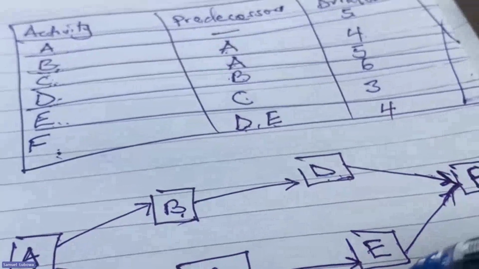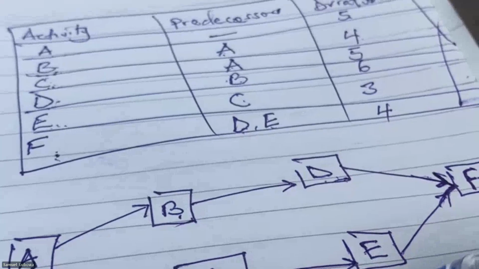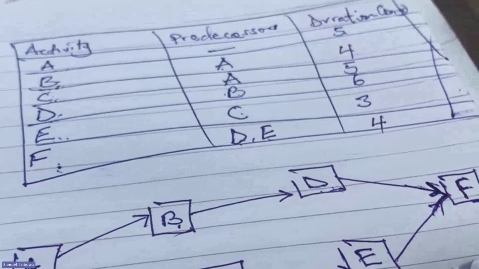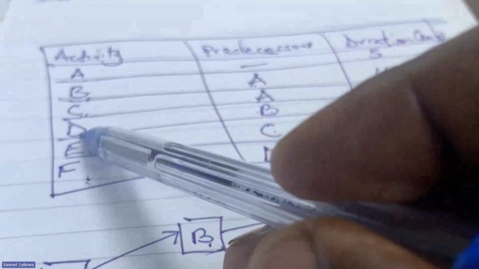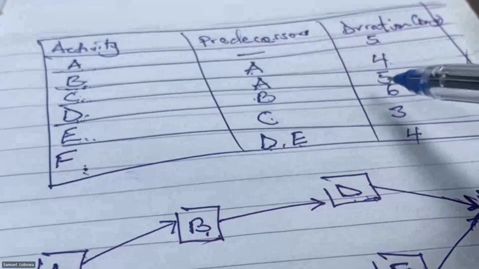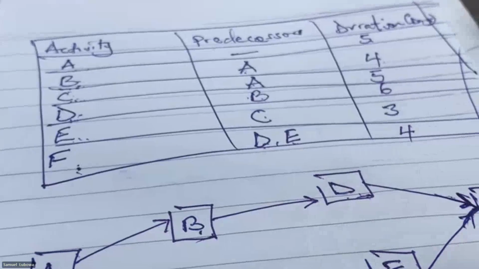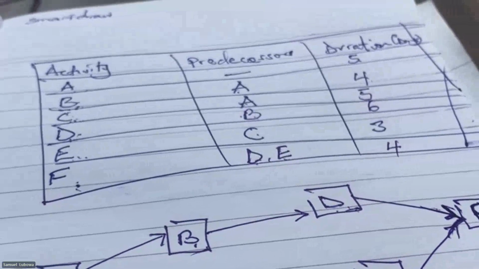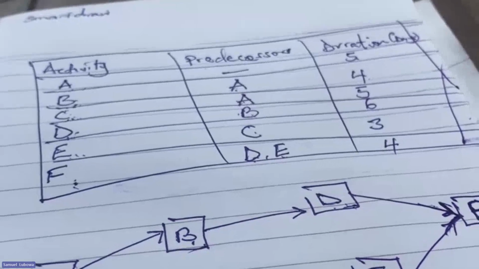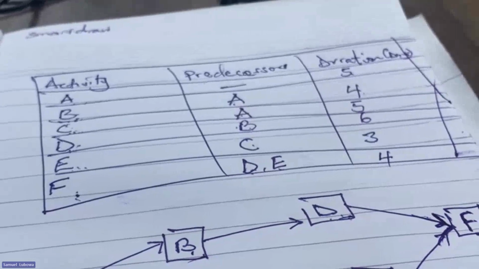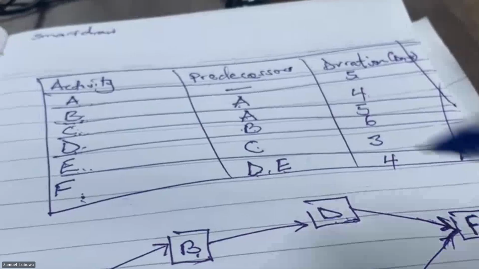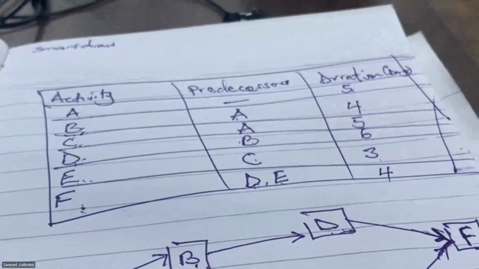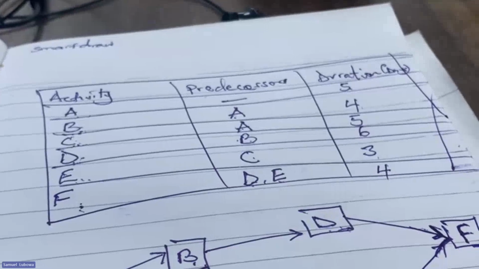Then we have activity D. According to our table, it is going to last for 6 days. Then we also have activity E, which is to last for 3 days.